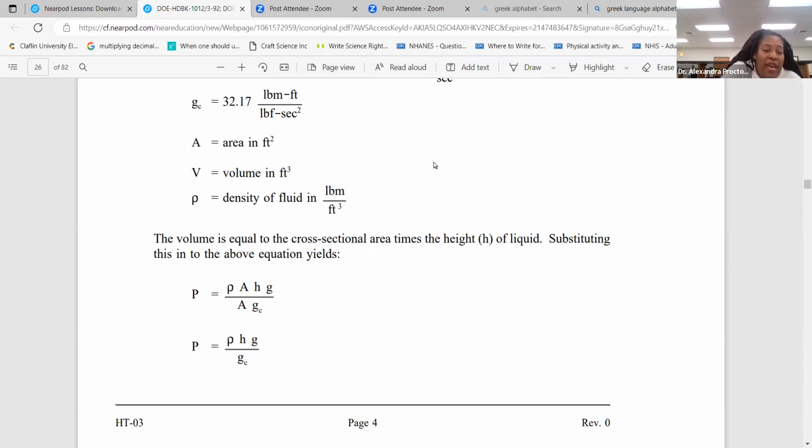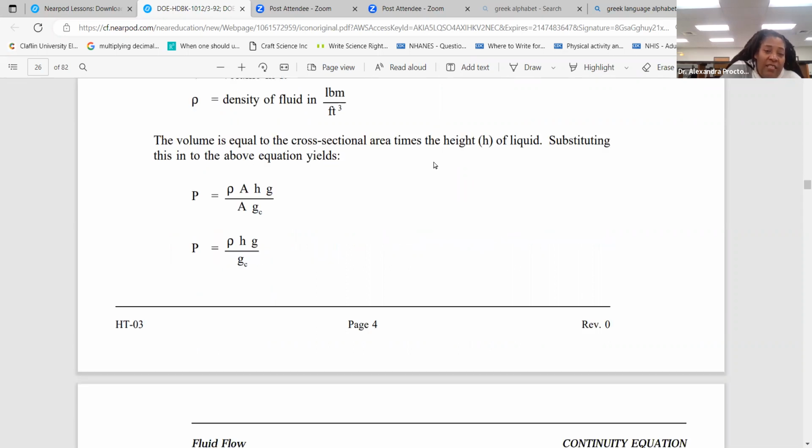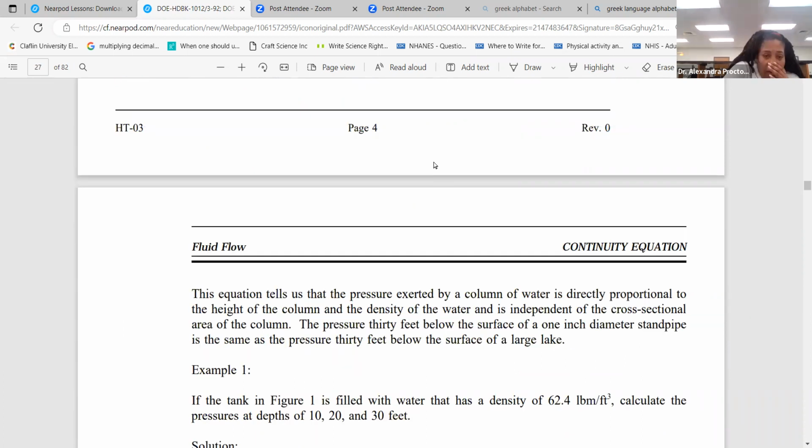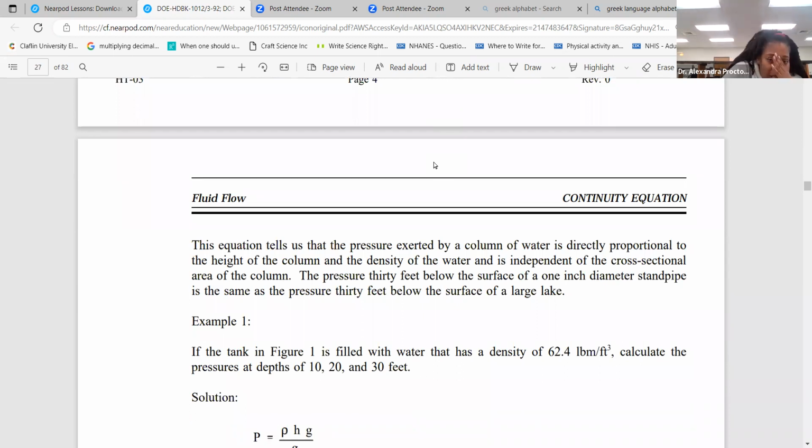P is equal to rho H g over G sub C. So the pressure is equal to the density times the height times g divided by G sub C. So the equation tells us that the pressure exerted by a column of water is directly proportional to the height of the column and the density of the water, and is independent of the cross-sectional area of the column.